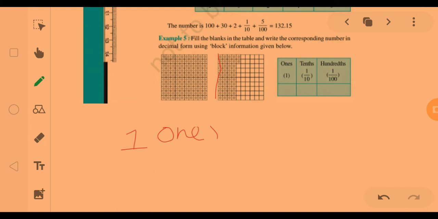So we consider these filled columns as tens place. How many tens are there? 1, 2, 3, 4. There are 4 tens. Next we write 4 tens.